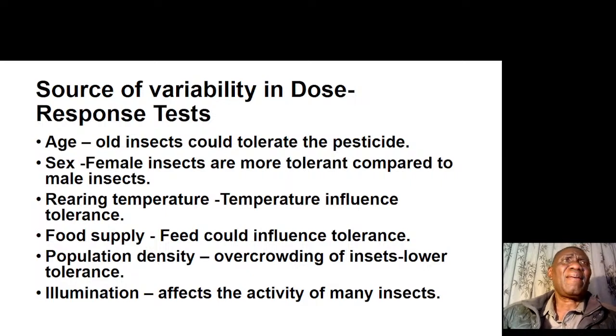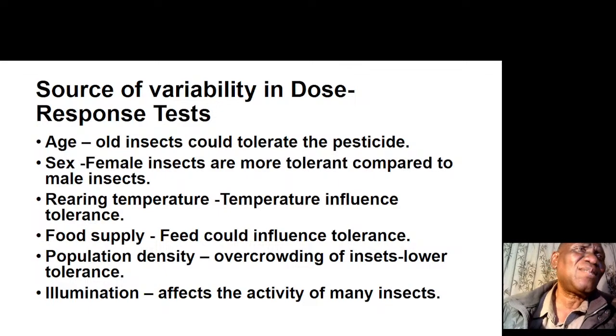So, although it may be difficult to come up with the LD50s, at least we have guidelines which can give us an indication of how toxic a pesticide is, and we can take precautions to protect those who are using the pesticides. So this is it on the evaluation of pesticides for their toxicity.